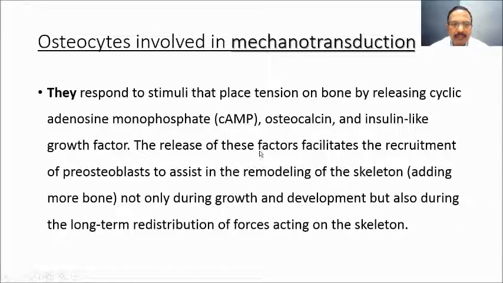All these release factors facilitate the recruitment of pre-osteoblast to assist in the remodeling of the skeleton, bone growth and development, as well as when there is a long-term distribution of forces acting on the skeleton. All these bone liberating factors will influence the osteocytes for the bone formation.